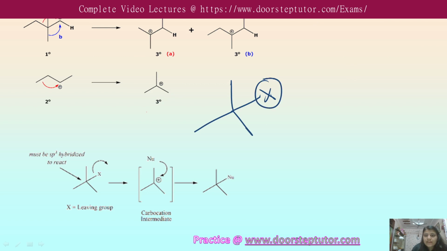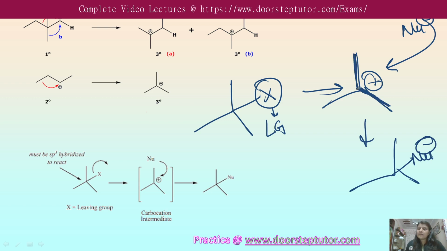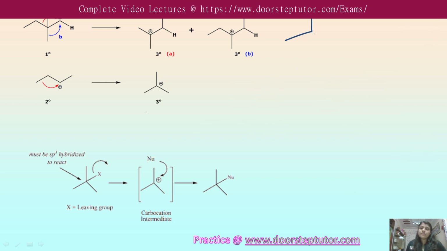This X is the leaving group, and if this leaving group leaves, there is a carbocation, and on that carbocation the nucleophile acts. So we are going to get the structure like this with the nucleophile. This is the exact mechanism. If we have a nucleophile and the leaving group is there, and the leaving group leaves, we have to subtract the leaving group.